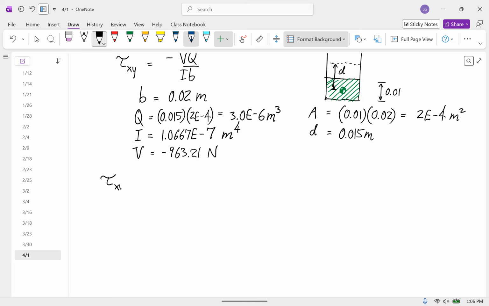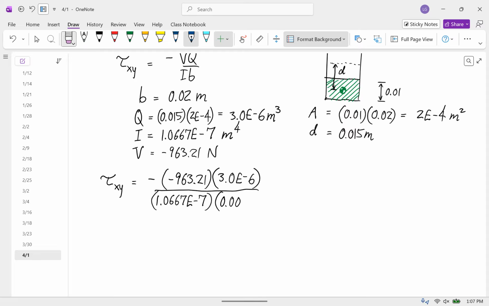And so tau xy is equal to negative of negative 963.21 times 3.0 times 10 to the minus 6, divided by 1.0667 times 10 to the minus 7 times 0.02.